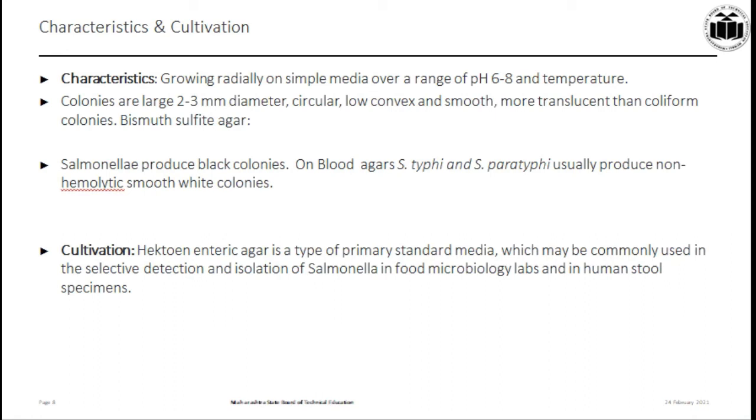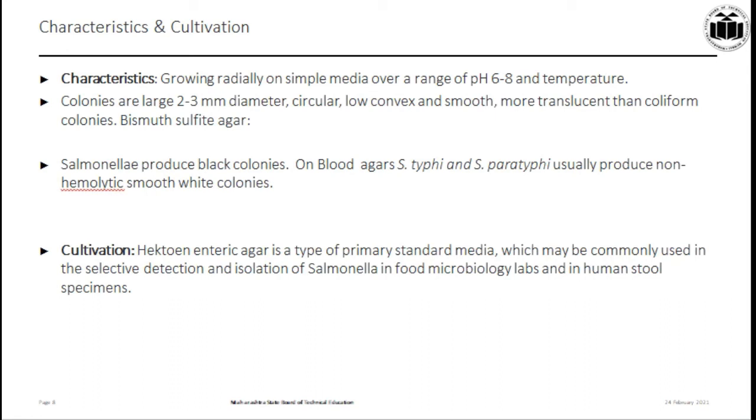For cultivation of Salmonella, the Hektoen enteric agar is primarily preferred. This agar is mostly used to identify Salmonella species from contaminated food, water and human stool samples.